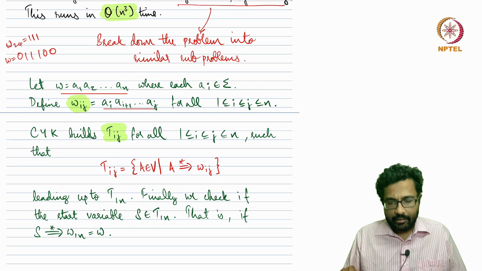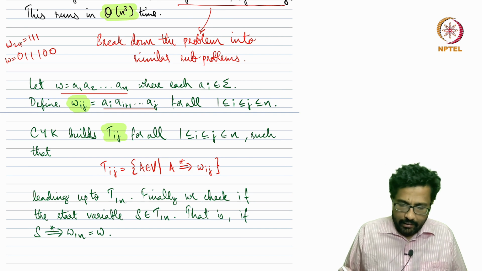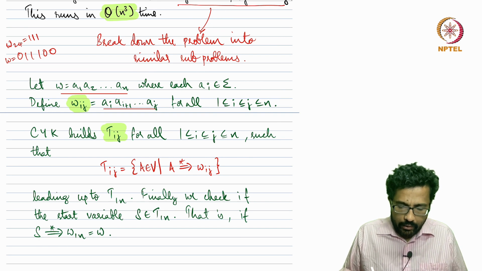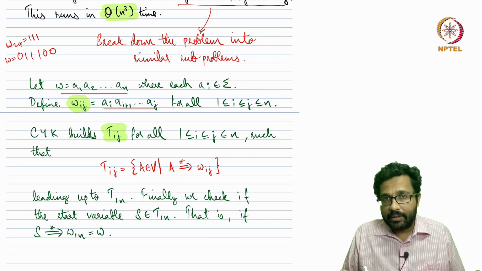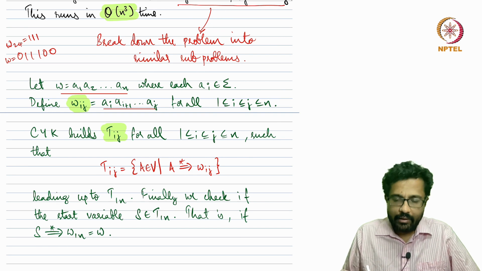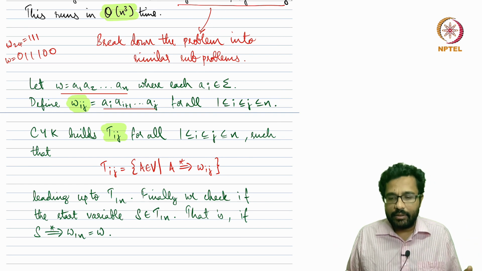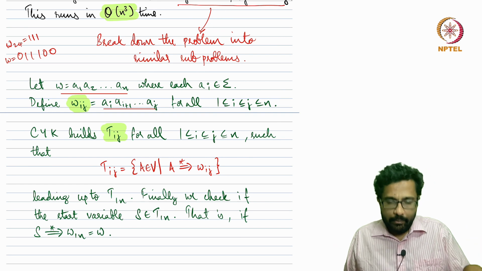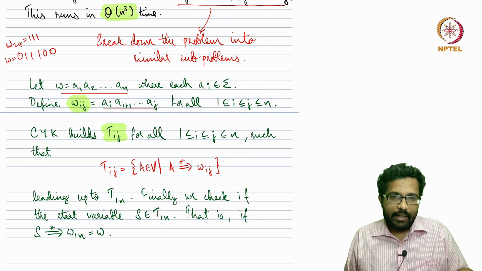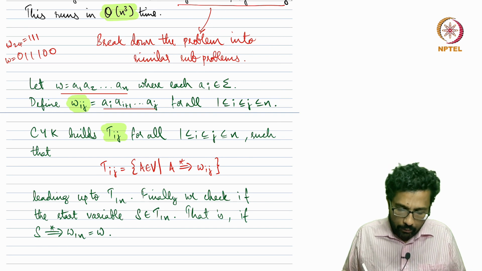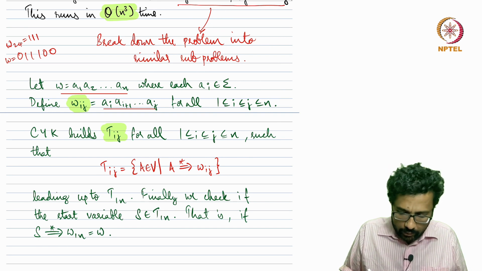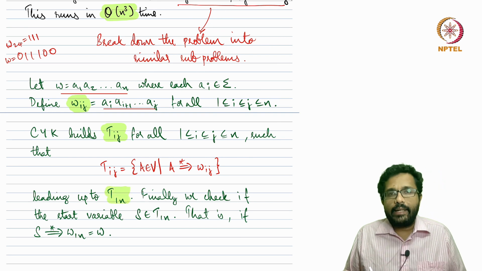So the CYK algorithm will build these sets. If there are multiple such variables that derive Wij, that set will contain all of them, and then we will build all the sets Tij, and finally we will also build the set T1n.